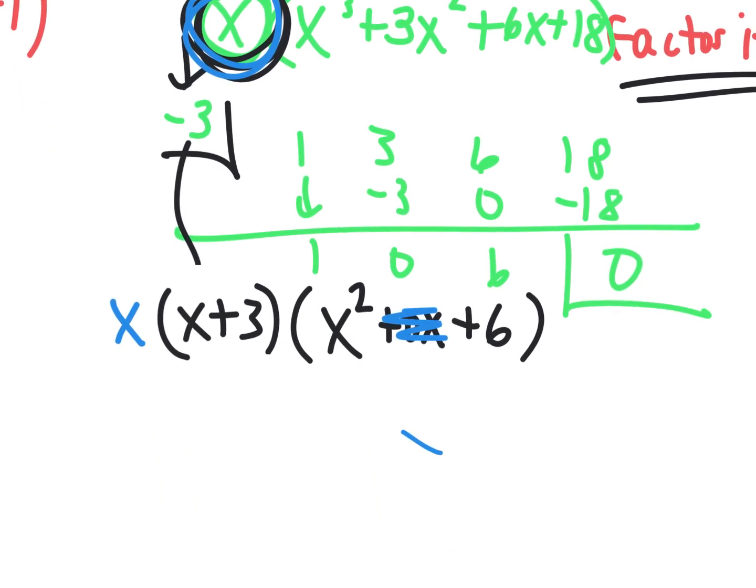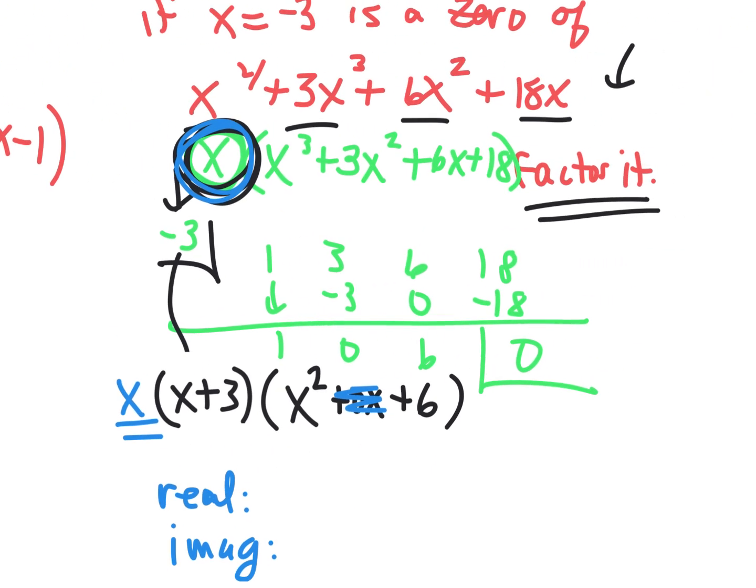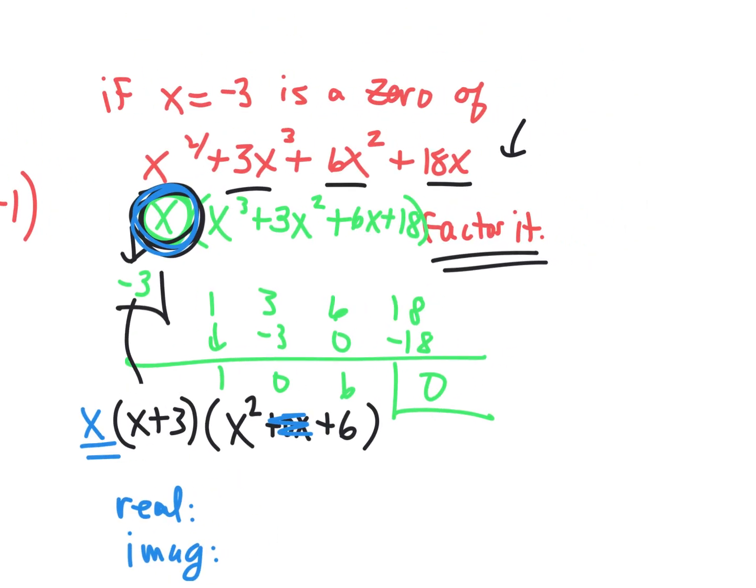And again, I can prove you're going to be wrong because this kind of question will ask you what are the real answers and what are the imaginaries. And if you don't include an answer for this, you wouldn't have enough answers. Because since this is a to the fourth problem, you have to get 4 answers when you add up all the reals and imaginaries.